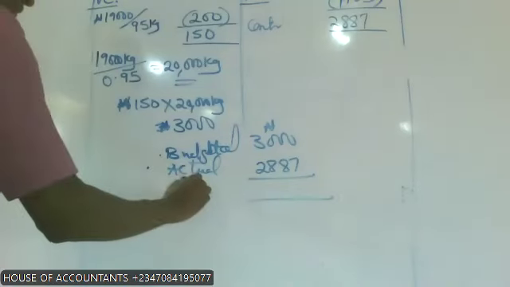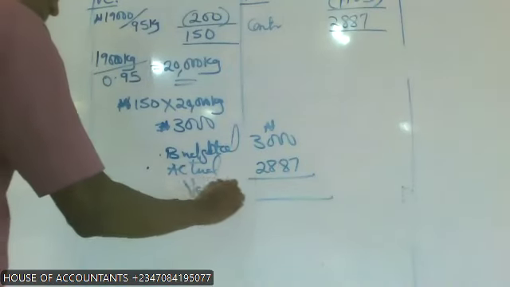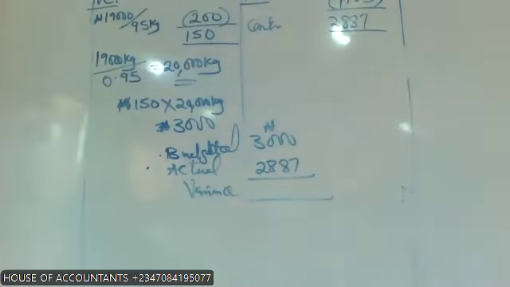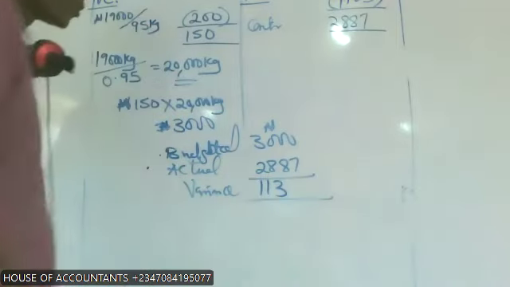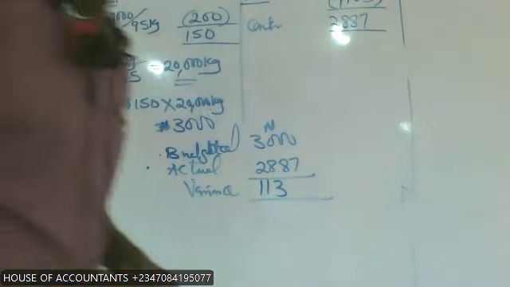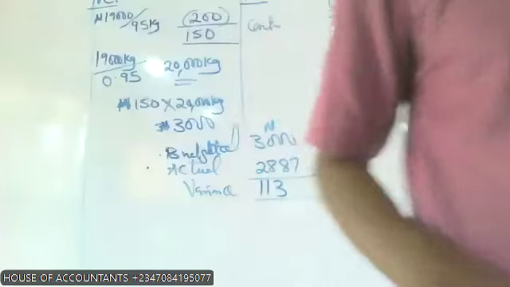What is the difference? The difference is what we call variance. What is the difference? 113. 113 is the variance that we have here.